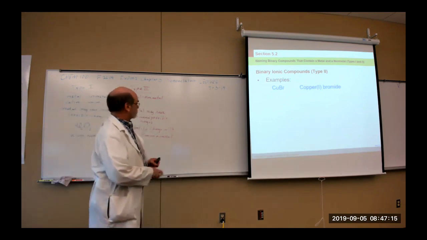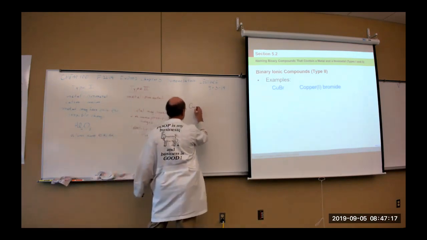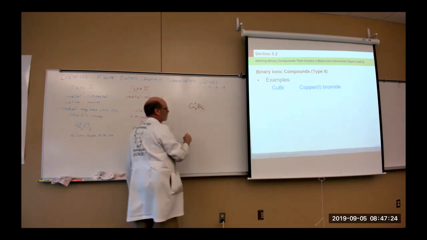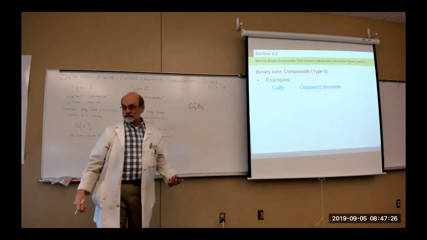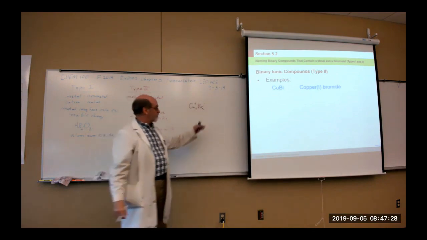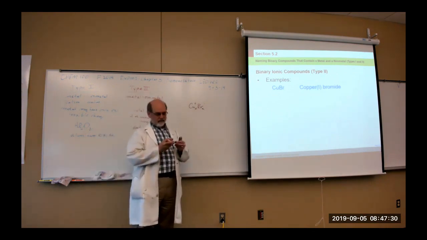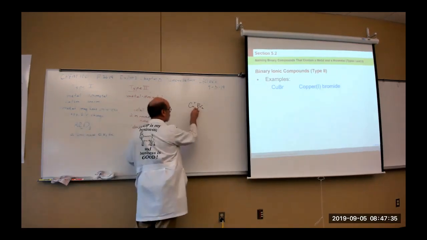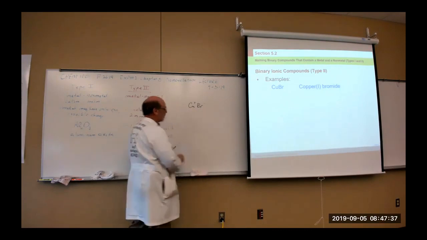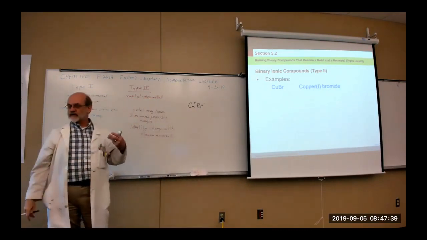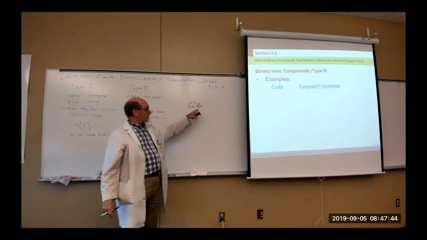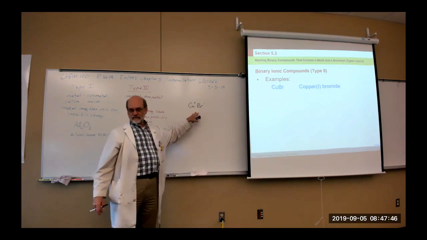That brings up a good point. Technically speaking, if you write 2 here and 2 here, that would be neutral, right? 2 minuses and 2 pluses. But also by convention, you want the simplest whole number ratio. So 2 and 2 can be divided by 2 to equal 1 and 1. So this is the correct way to write it.